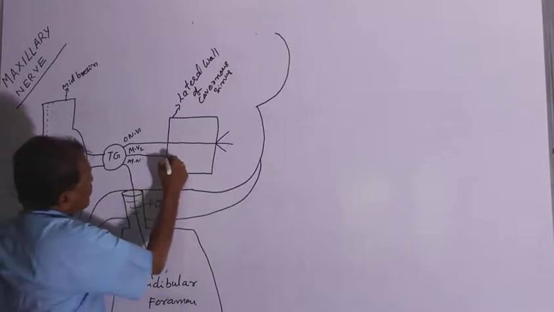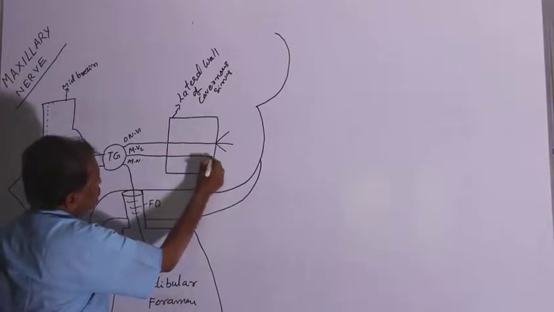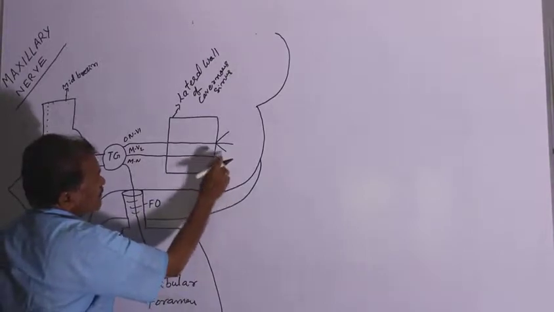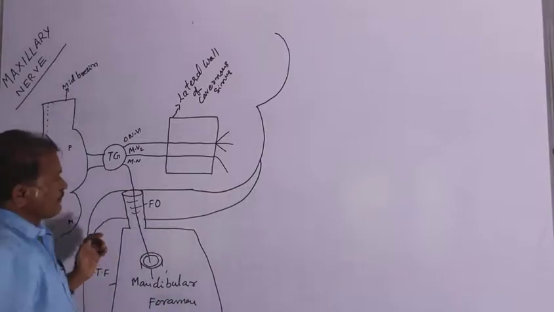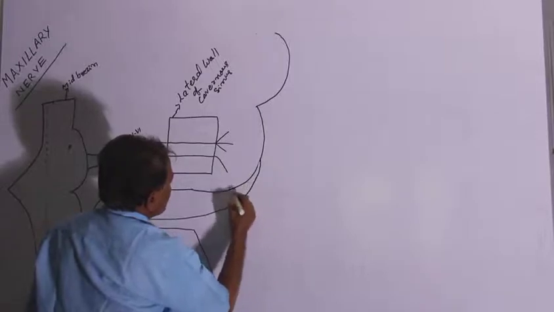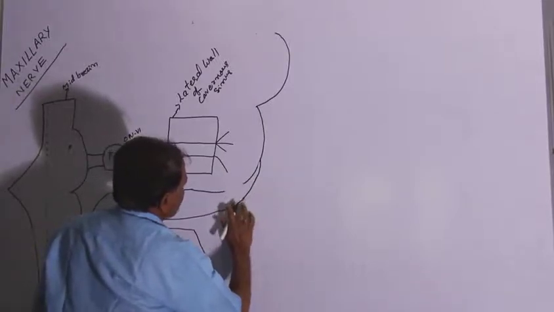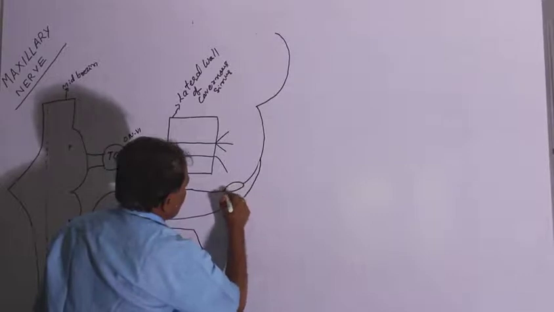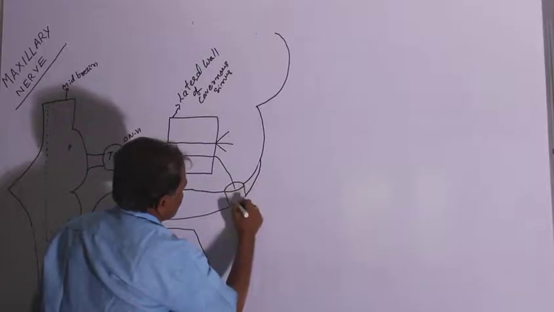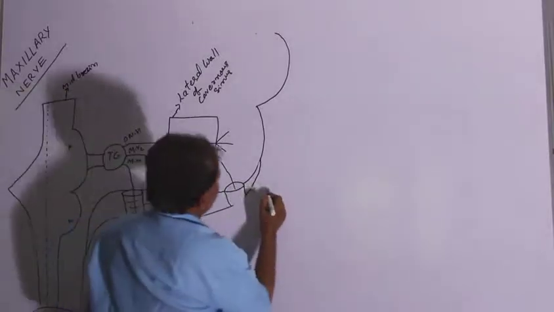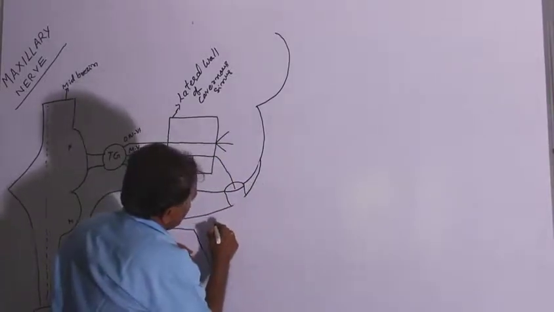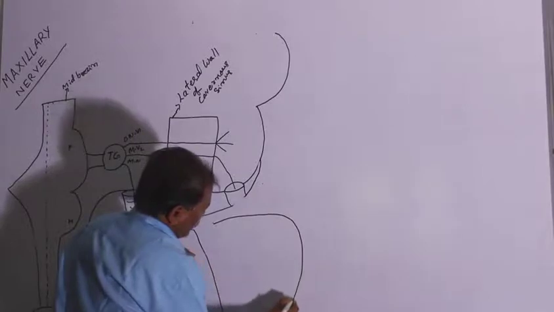But this maxillary nerve runs in the lateral wall, and it leaves the middle cranial fossa. In this region there is the foramen rotundum. This one is the foramen rotundum. It enters into the foramen rotundum, and then it enters into the pterygopalatine fossa.